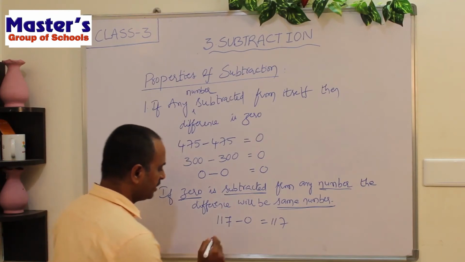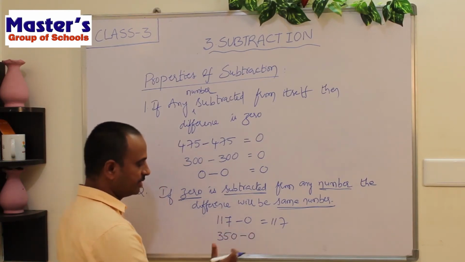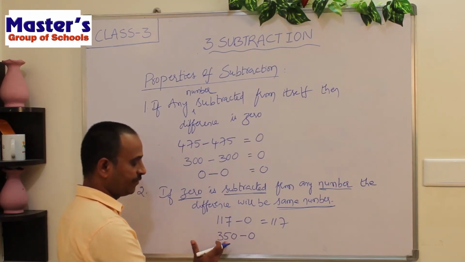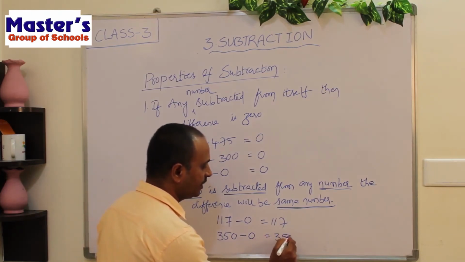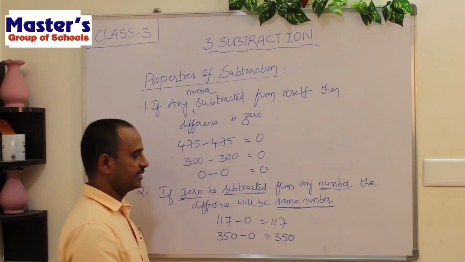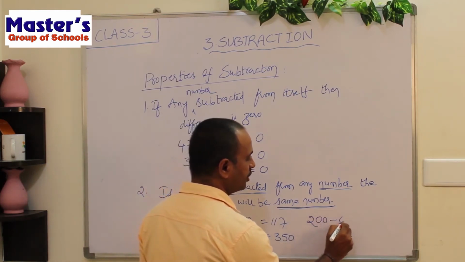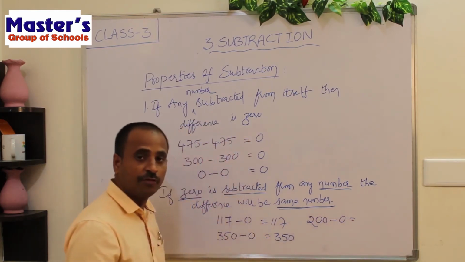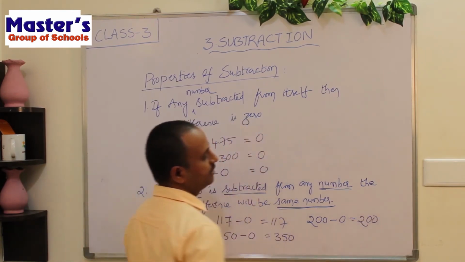In the same way, 350 minus 0 is again 350. And 200 minus 0 is again 200.